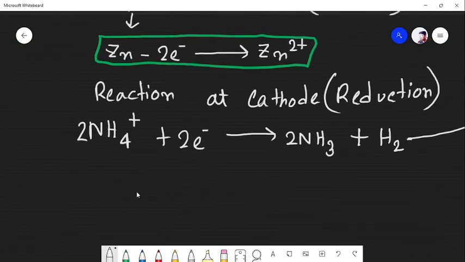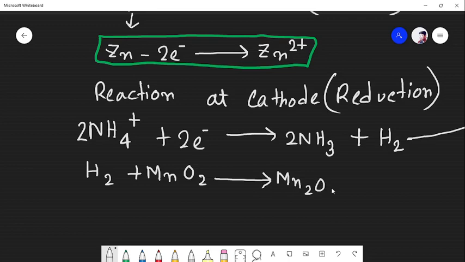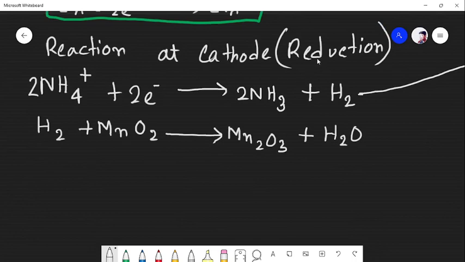Here, hydrogen gas reacts with manganese dioxide and produces Mn2O3 and a water molecule. So these are the 2 reduction reactions taking place at the cathode. But wait, we need just 1 reaction. What is the total reaction occurring at the cathode? To find it, we just need to add these 2 up.